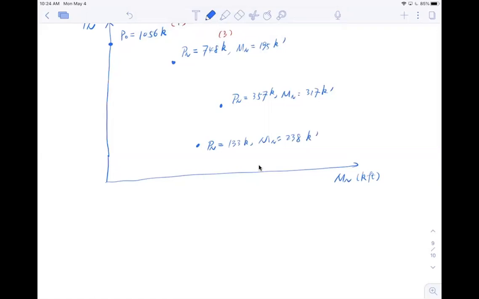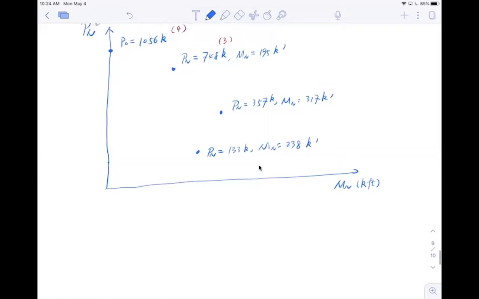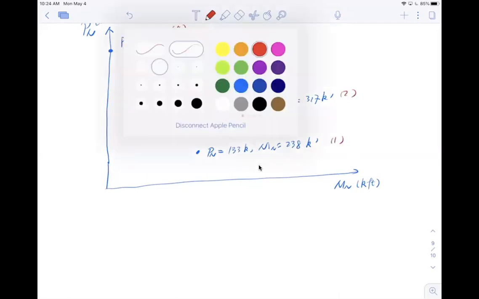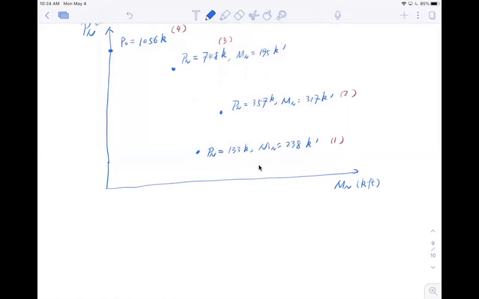These are all my points. Now, how do I get the interaction diagram? Before I do that, let me label all the eccentricities. This is 0.2, this is 0.1. Eccentricity here, in this case, E equal to 0. I connect this line here.